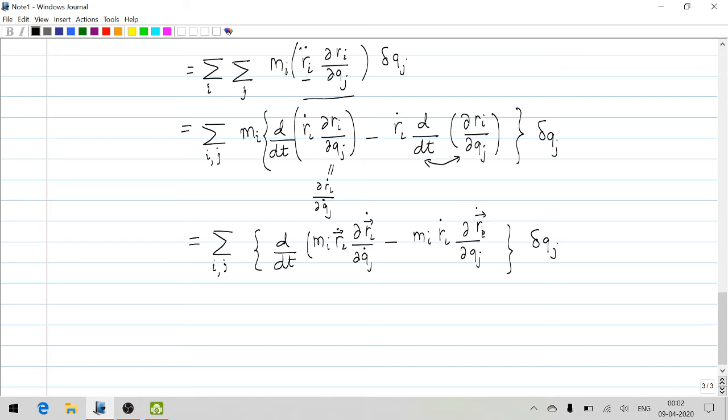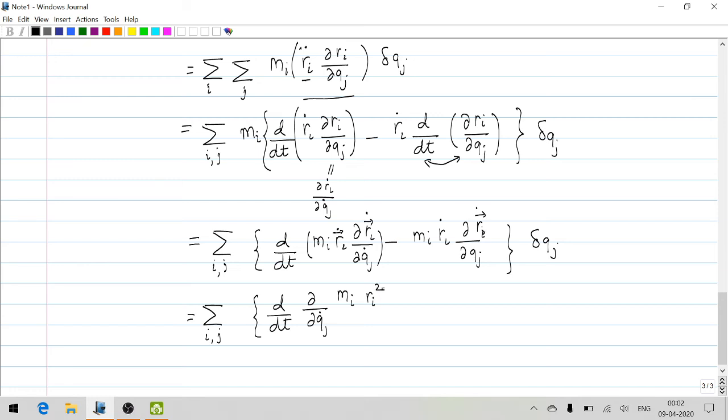So the first term, I'll write one more step here, i comma j. This first term I will write as d by dt. If I take dou by dou Qj dot outside, then I should have a term containing mi Ri dot square.